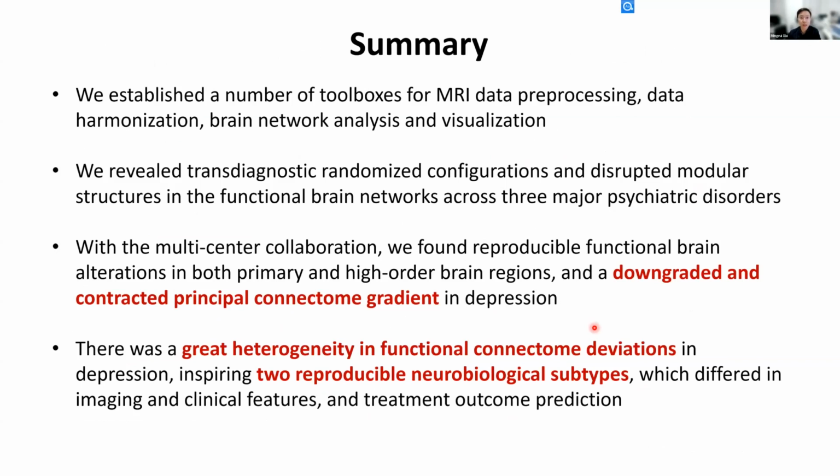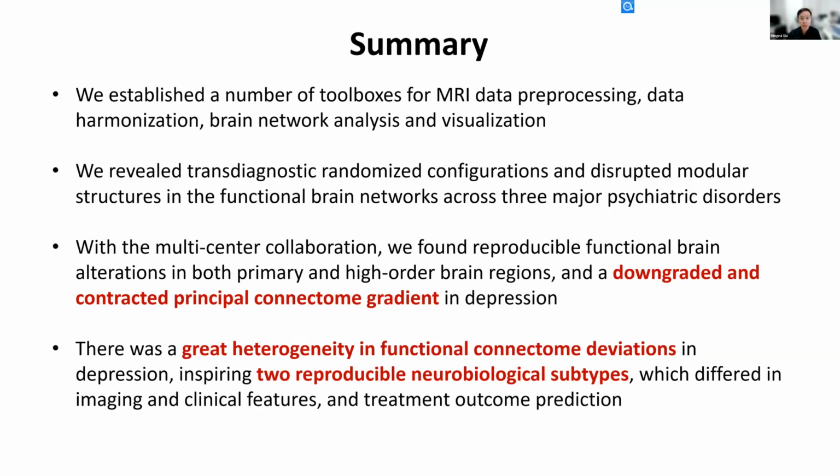So in summary, we established a number of toolboxes for MRI data processing, data harmonization, brain network analysis, and visualization. We revealed transdiagnostic randomized configuration and disrupted modular structure in the functional brain networks across three major psychiatric disorders.